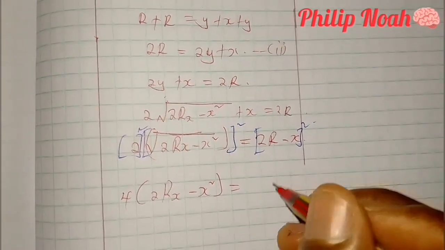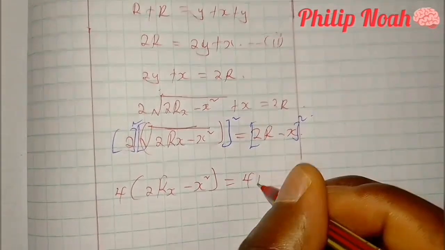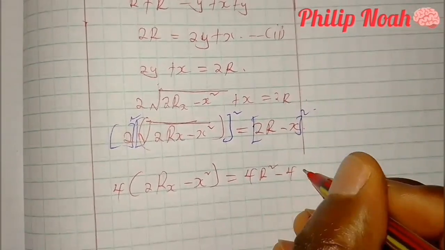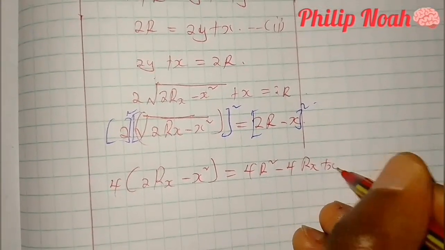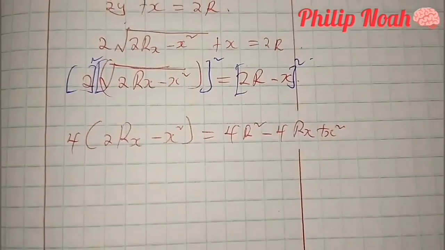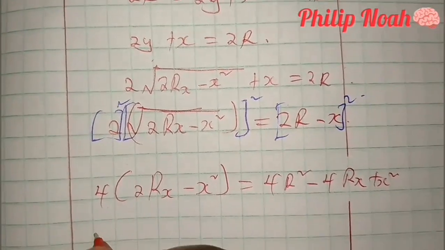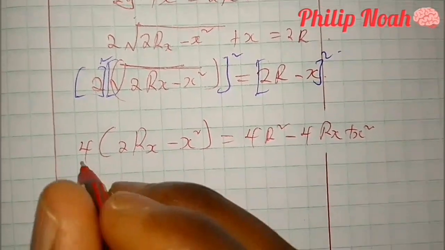This gives us 4r squared minus 4rx plus x squared. This is equal to 4, this time this is 8.